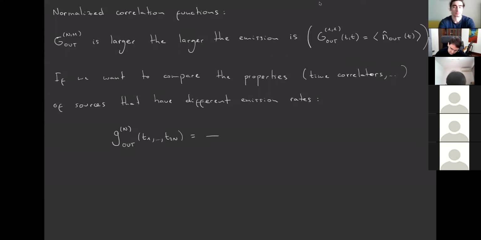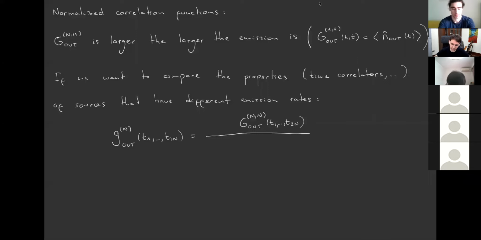That is just the corresponding G of order n,n, so we do it only for even orders. You can also define meaningful normalized correlation functions for orders that are not even, but in order to not complicate things, and because we don't care about those in this particular introduction to quantum optics, I will not talk about them.